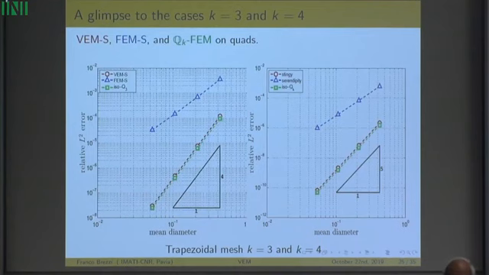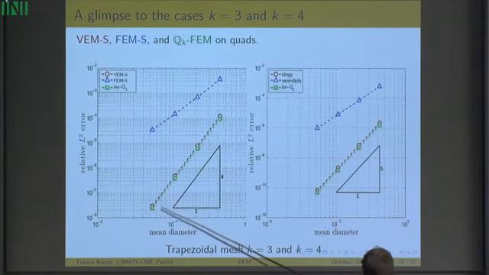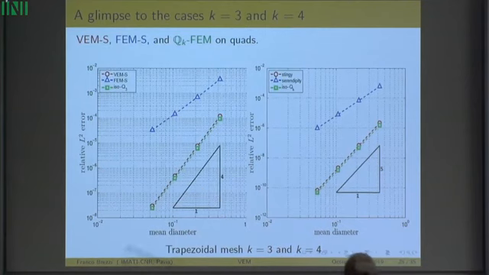They were not triangles. So you could take the stingy choice, and we compared, since we were on quadrilaterals, this is the stingy choice, and we compare with Q3, Q4, I mean the finite elements, finite elements without serendipity.